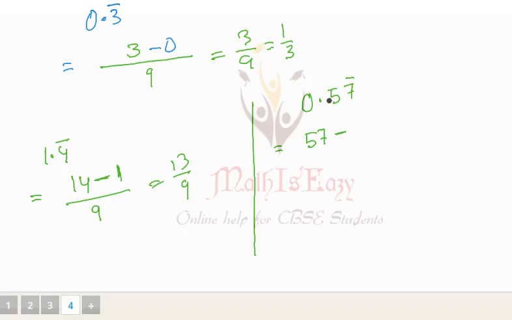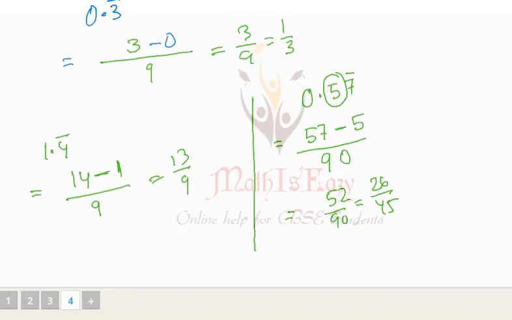Subtract the number that doesn't have any bar, so you subtract 5. Divide by as many 9s as there are digits with bars, only one 9, and then as many zeros as there are digits after the decimal without a bar. Only one number doesn't have a bar, so you put only one 0. So it will be 52 by 90, which equals 26 by 45. So you can see that in this simple way you can get the answers without the longer calculation.